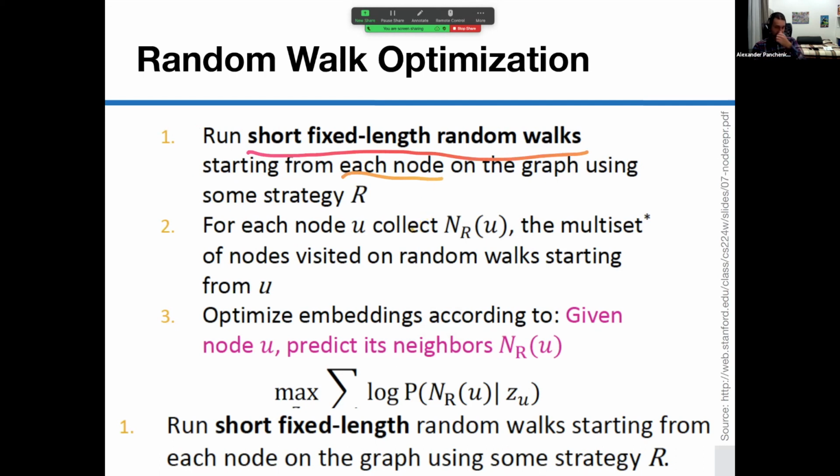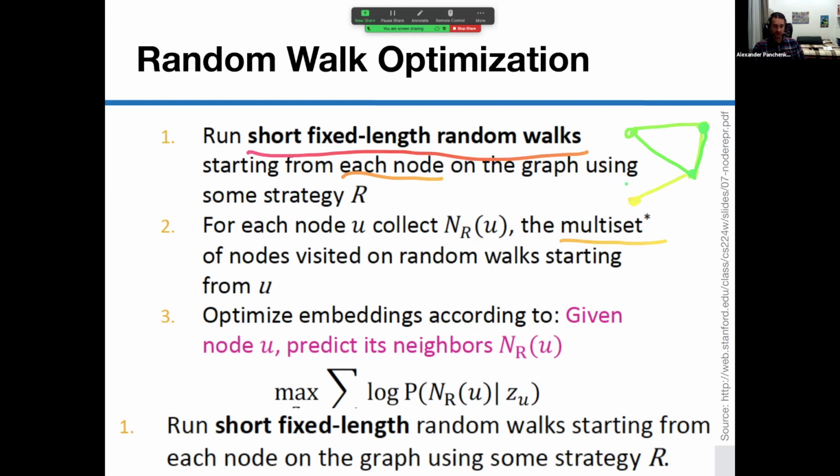Then the output of these will be some collection of training instances, training contextual features for this node. And this is a multi-set because, as we've seen, starting from one node, you can reach the same node several times on these walks, and this is completely normal.